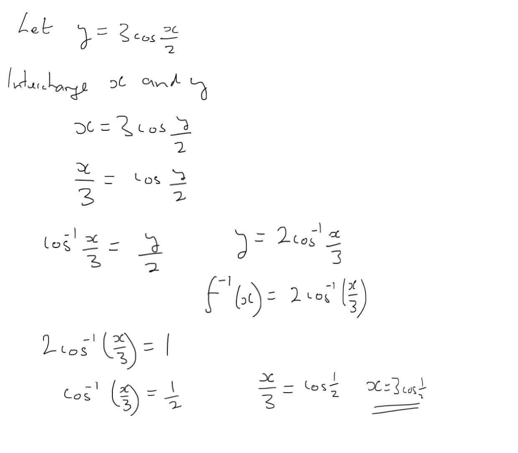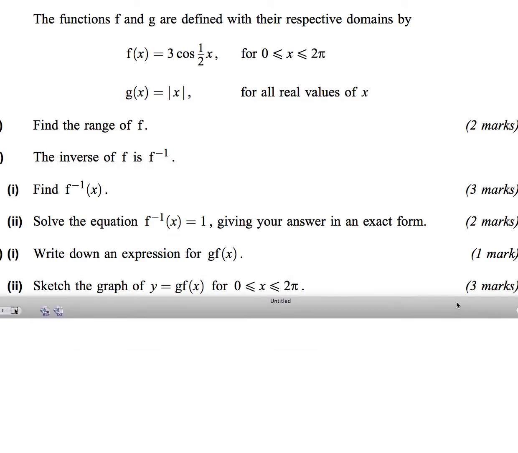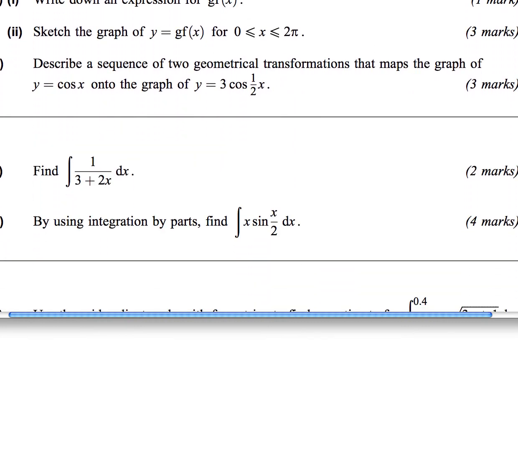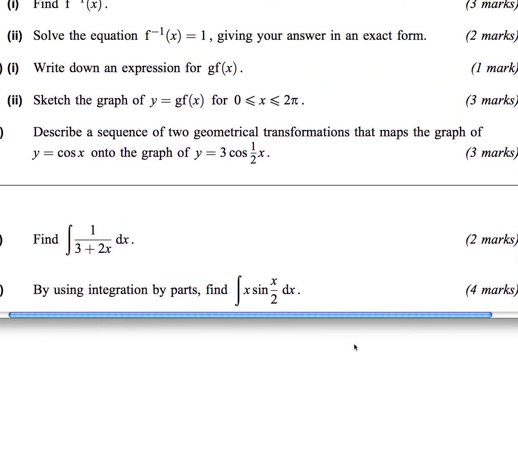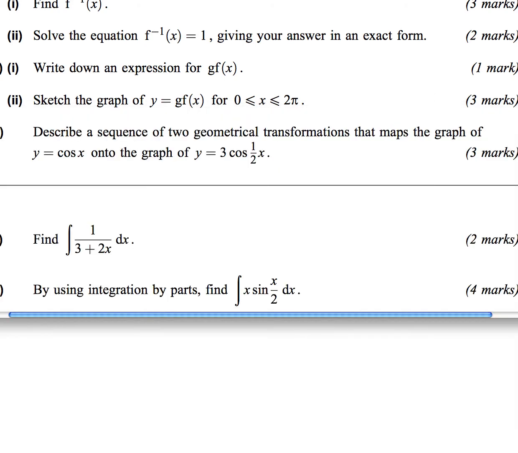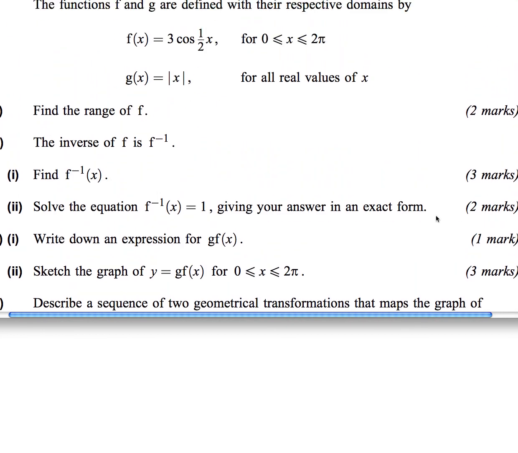Write down the expression. Right, I forgot what gx is. Okay. We want g of fx.